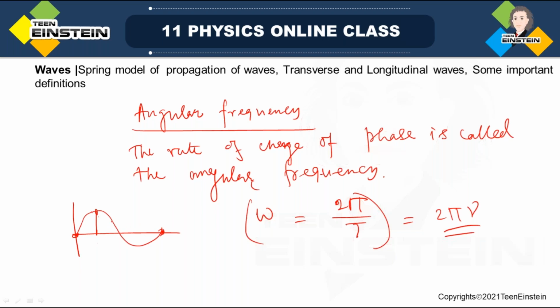So this length of the full vibration gives the wavelength. It is denoted by lambda and the unit will be angstrom.